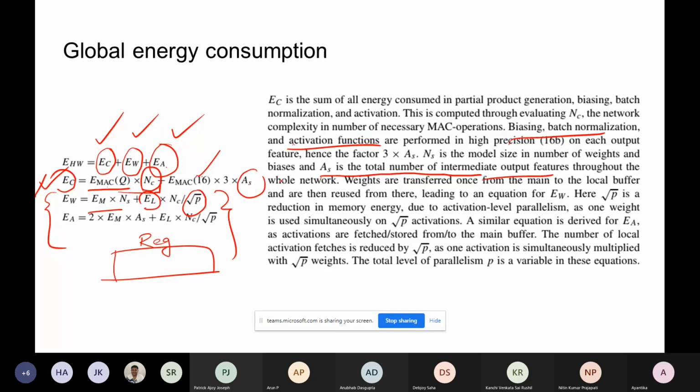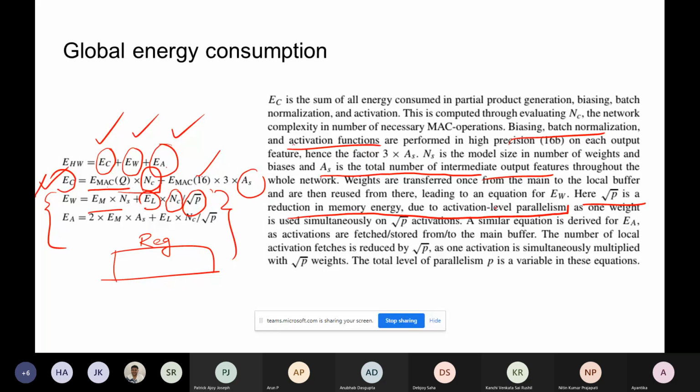In EL, you can see how many times you are accessing the register. You can get the idea from this NC divided by root over P. Now this P is the reduction in memory energy due to activation level parallelism.